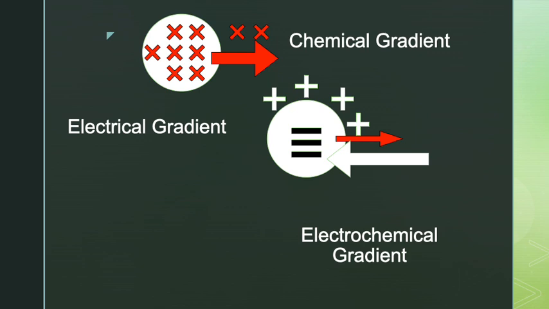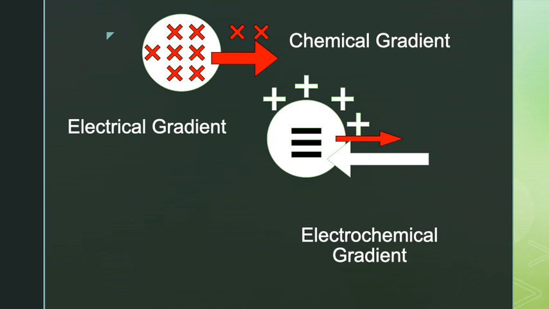With our electrical gradient, we are looking at electrical currents. And in the body, we are usually looking at ions. So you're going to have a driving force for our cations, our positively charged ions, and a force for our negatively charged ions. Here we see we have lots of negative charges in the cell and positive charges outside of the cell. That is normally how the human cell works.